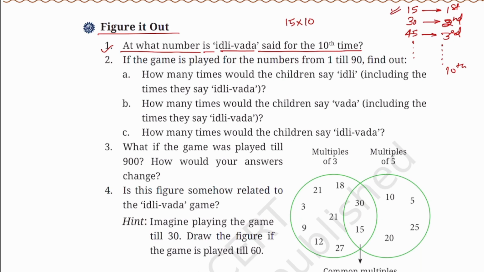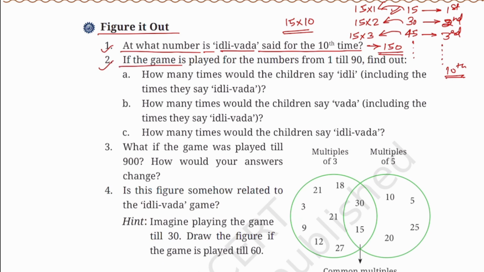If you have observed, this is 15 into 1, this is 15 multiplied by 2, this is 15 multiplied by 3. Similarly, the 10th one will be 15 multiplied by 10, that is 150. The answer is 150.